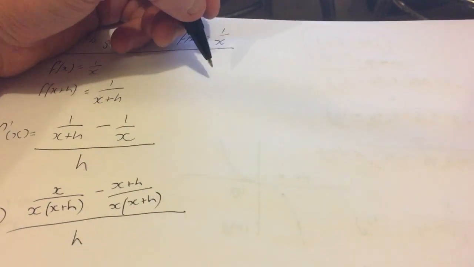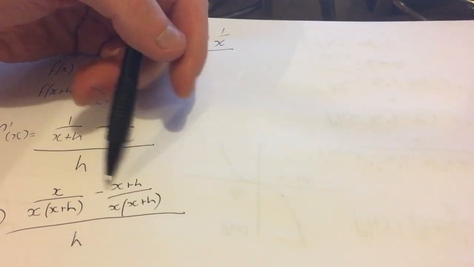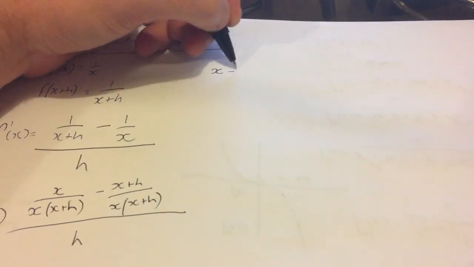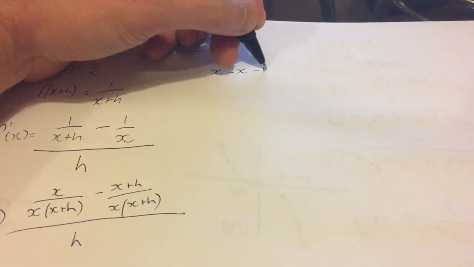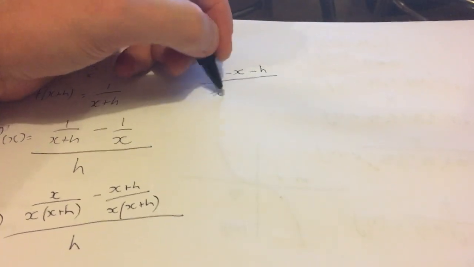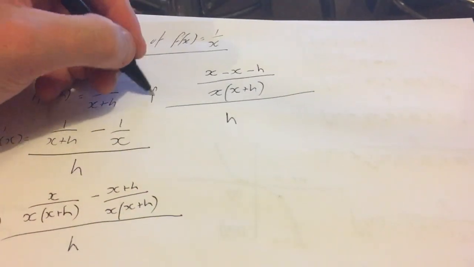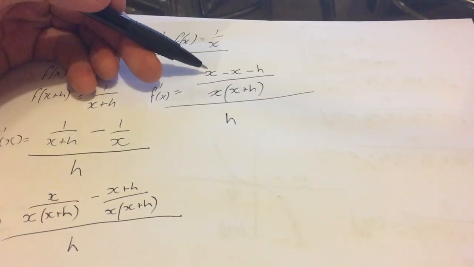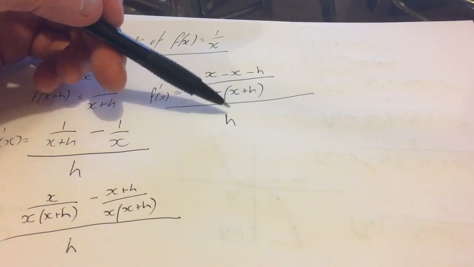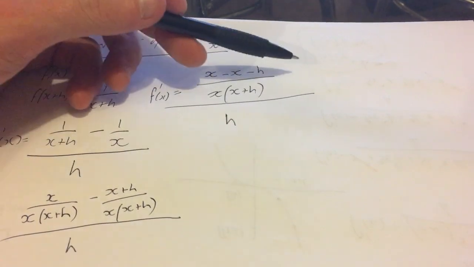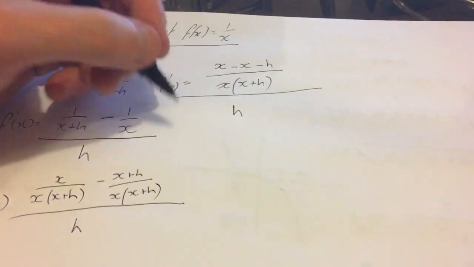So I'm going to subtract these two fractions now and write them as one fraction. So x minus x plus h over x times x plus h all over h. Now, because I hate triple layer fractions, I'm going to write this top fraction being divided by h to sort things out.